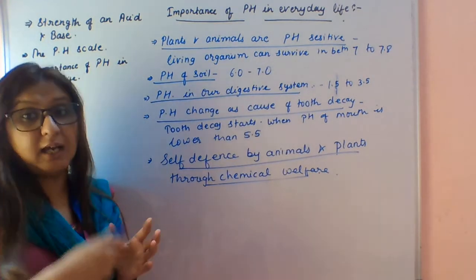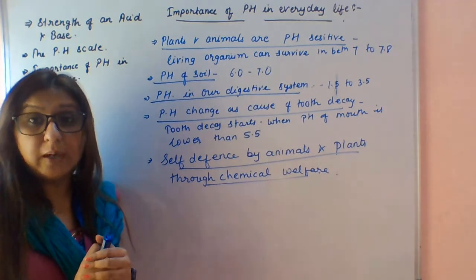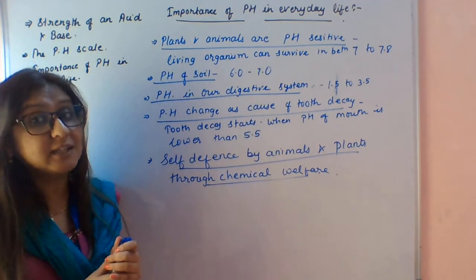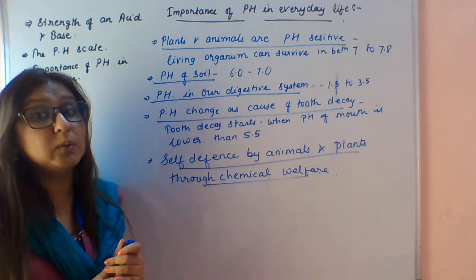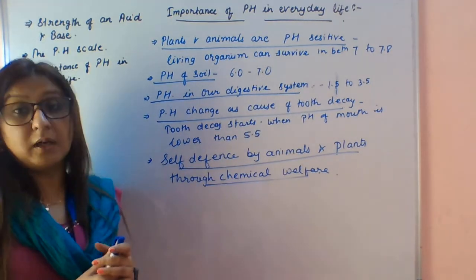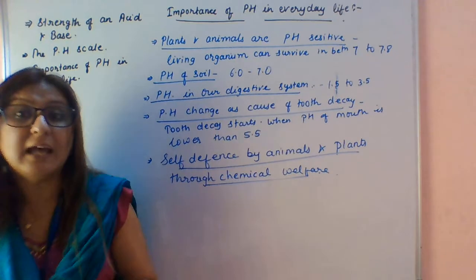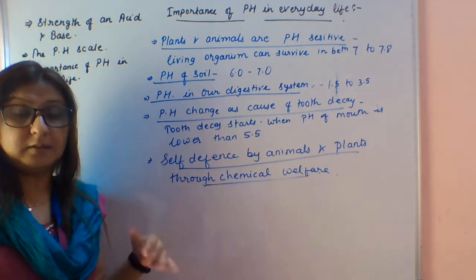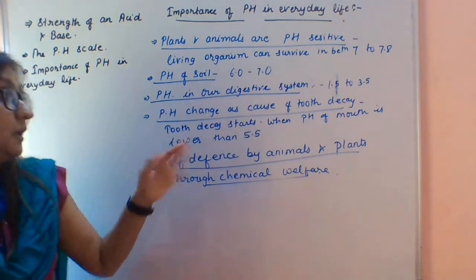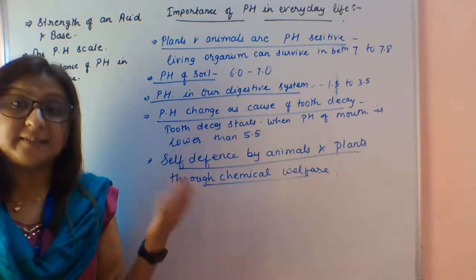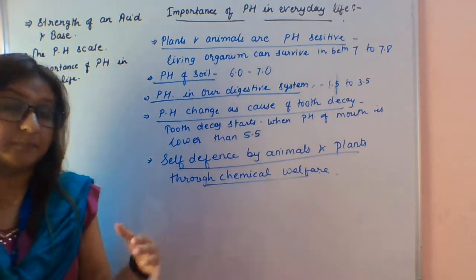Milk of magnesia, which I just told you about, is an antacid of pH value 10. When you take milk of magnesia or an antacid, you can neutralize the effect of the acid, so you can get rid of that stomach ache, pain or irritation.